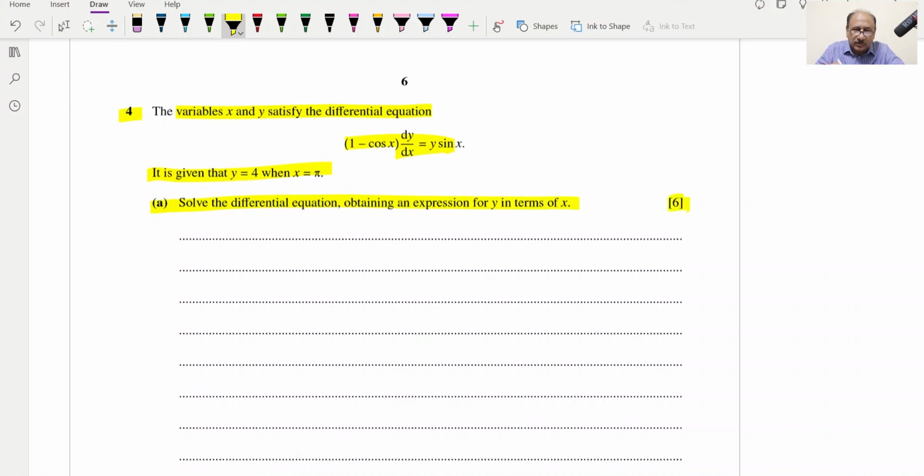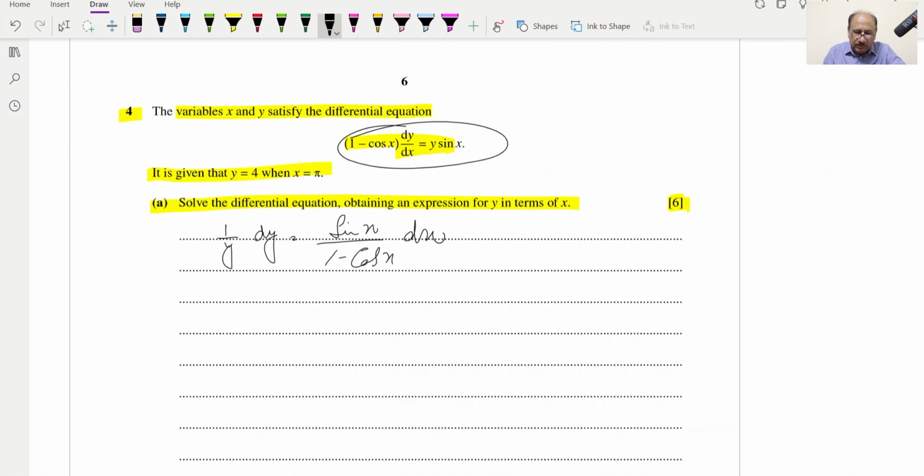This is 6 marks question, and we can rewrite this given equation as, we will shift y to other side, so 1 over y dy is equal to sine x over, we can write 1 minus cos x dx.